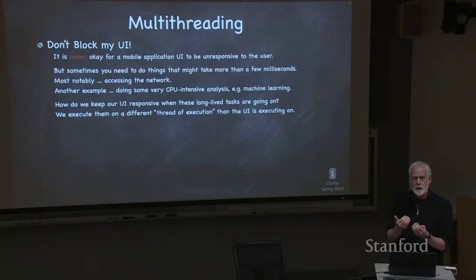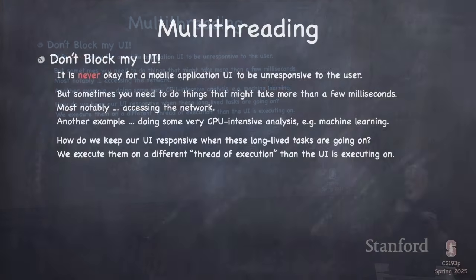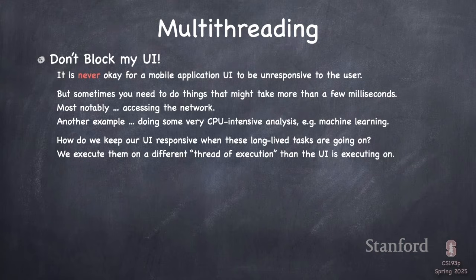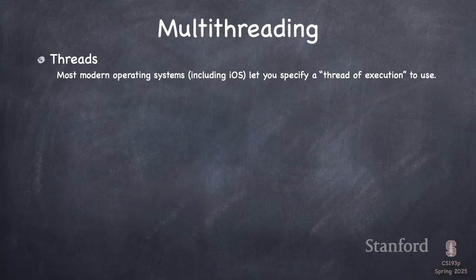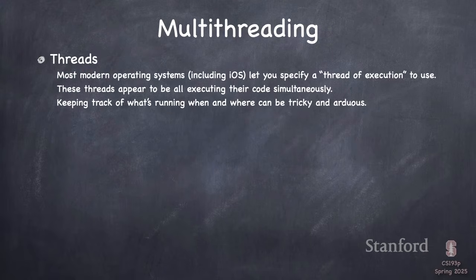But if you're on a single processor, single core system that can't do that, then it's time slicing the processor between the code. And so to you, it looks like they're running at exactly the same time, but they might be sharing a processor. You don't really care. In your mind, these threads allow multiple things in your app to be running at exactly the same time, simultaneously. Most modern operating systems have this idea of threads.